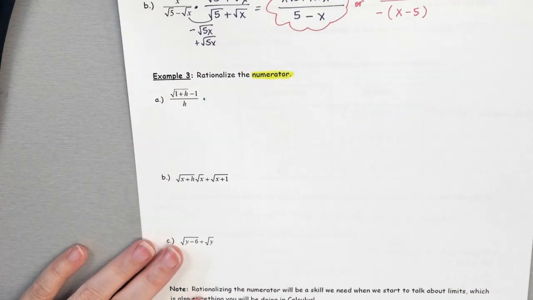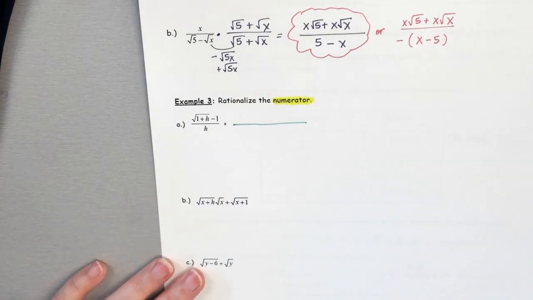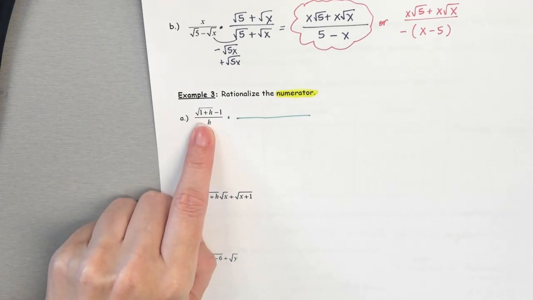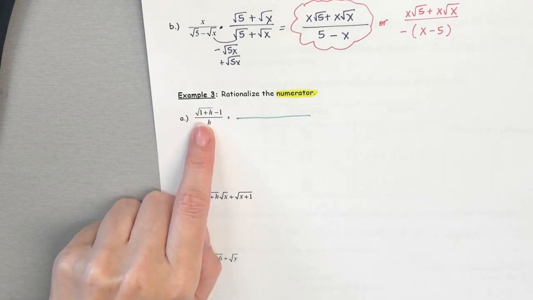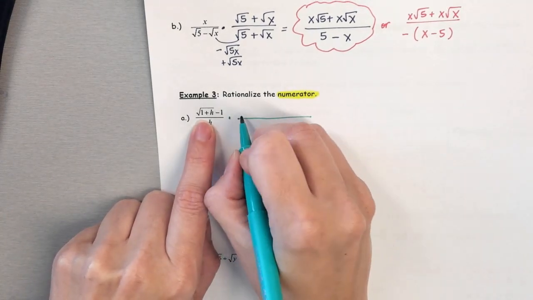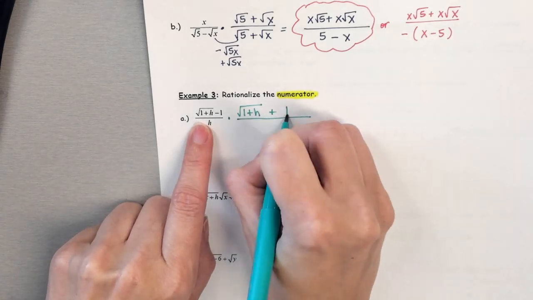So when you're rationalizing the numerator, it is very similar to the denominator. It's just now we're taking the conjugate of the top. So the conjugate of the square root of 1 plus h minus 1 is the square root of 1 plus h plus 1.